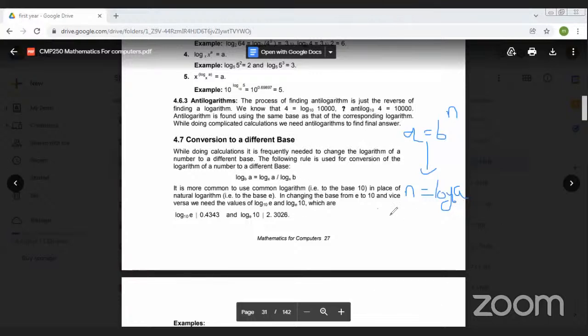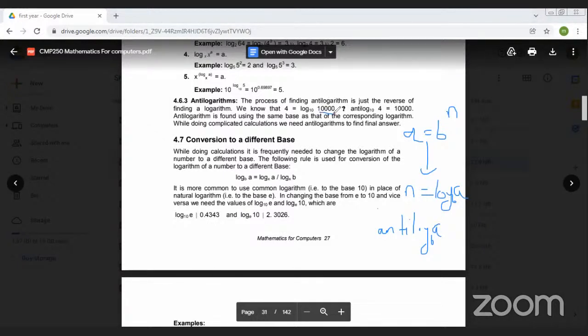Now, in anti-log, what happens? Anti-log to the base b, this is the same.